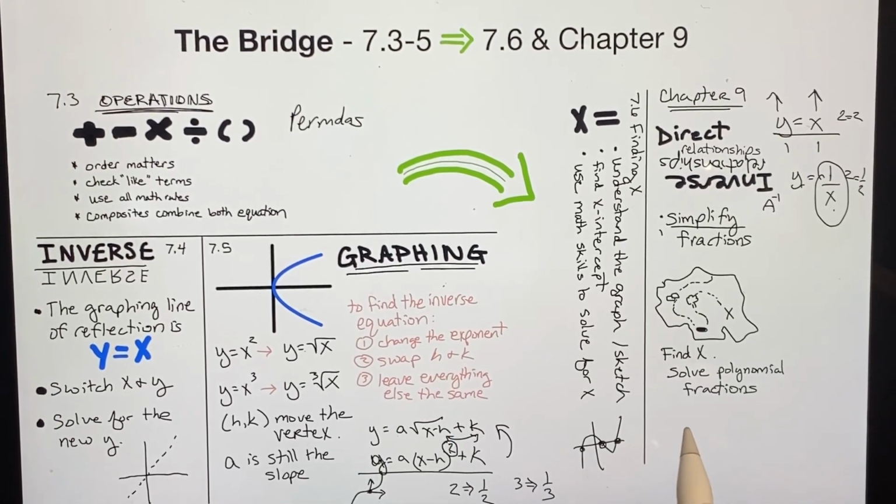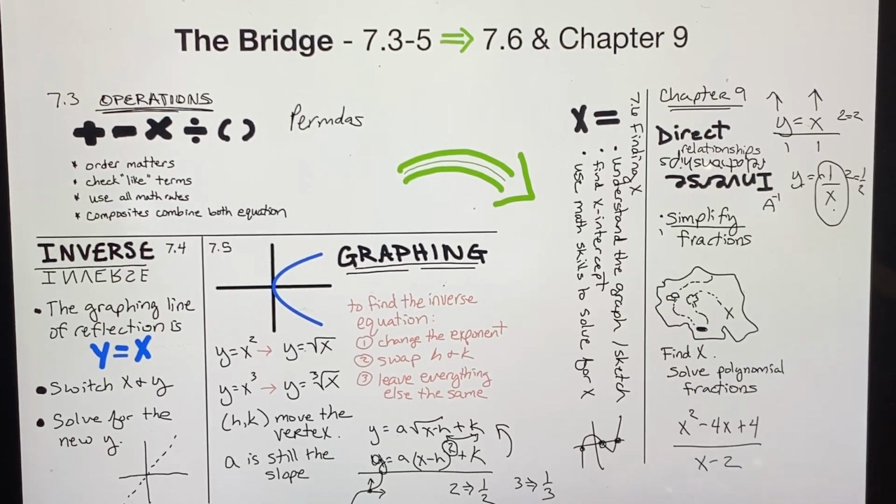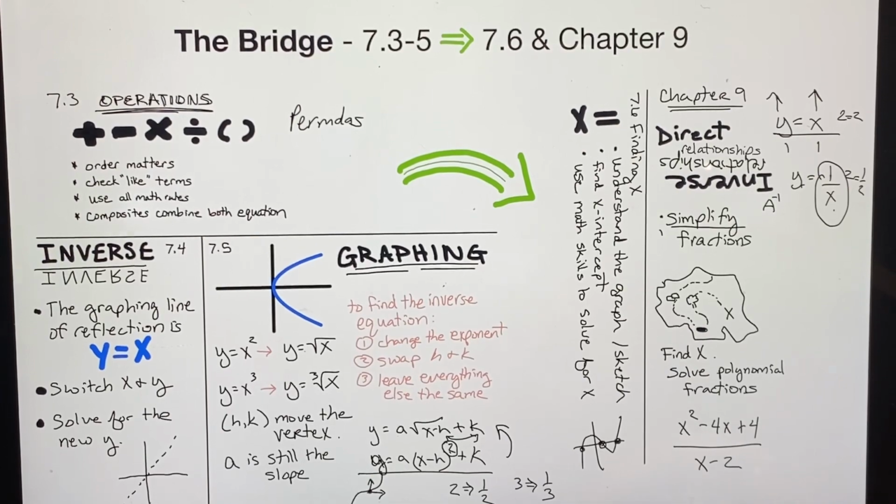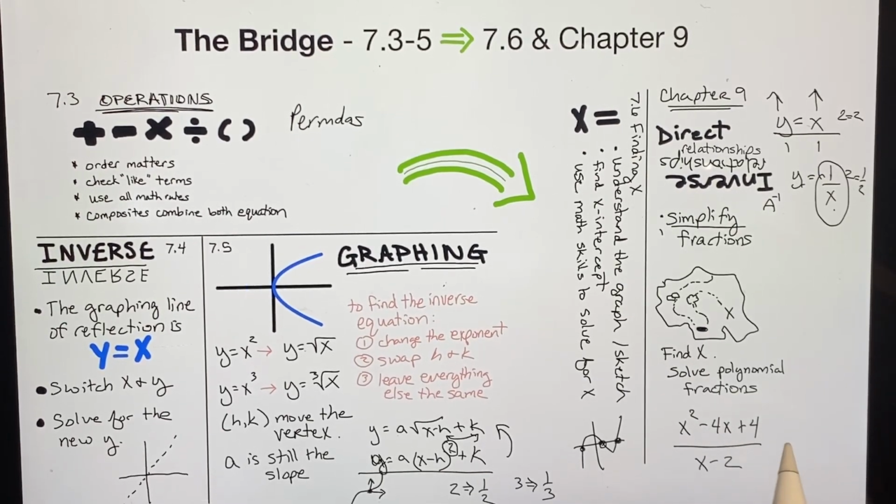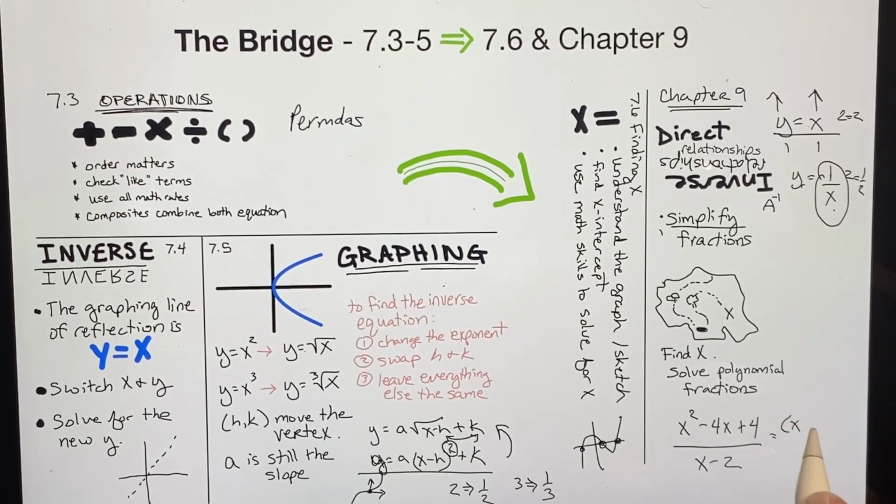Now, if I have a larger equation, maybe x squared minus 4x plus 4 over x minus 2, can we simplify this to find an x? We'll go all the way back to chapter 5 of factoring. We will tie that in with everything else that we have.